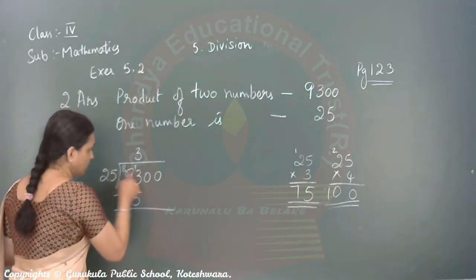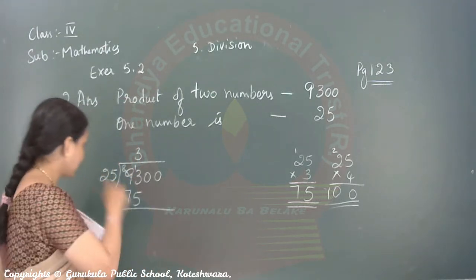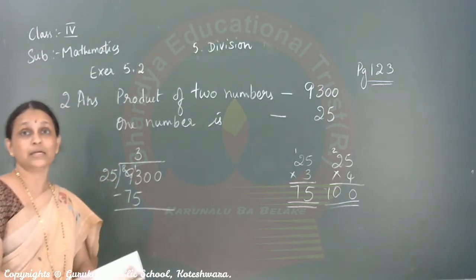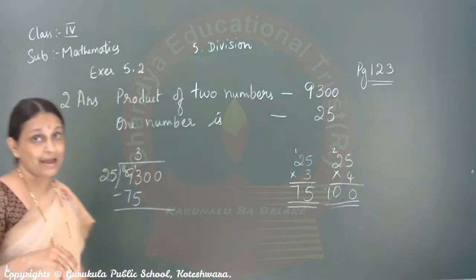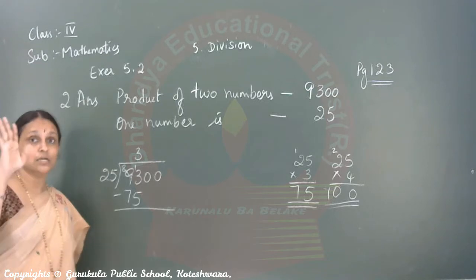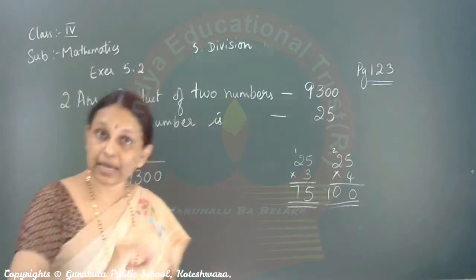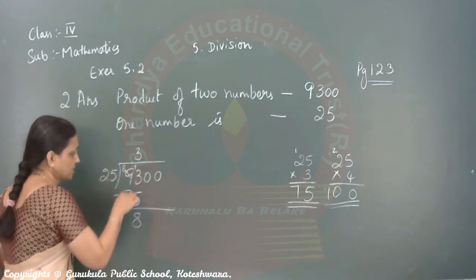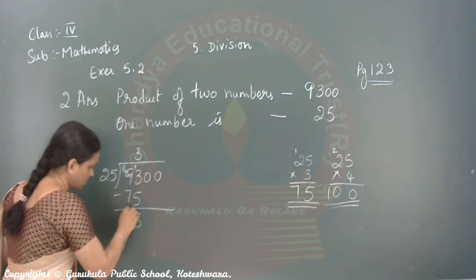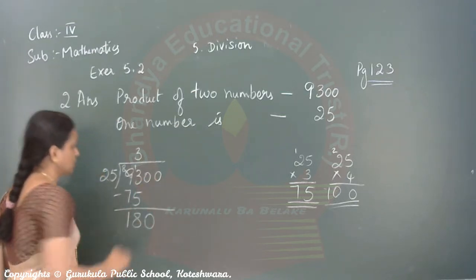Where you have borrowed, 9 becomes 8. Now, 13 minus 5. 13 in mind, 5 in hand. How do you subtract? Before 13, 12, 11, 10, 9, 8. So, 8. 8 minus 7 is 1. Now, bring this 0 down.